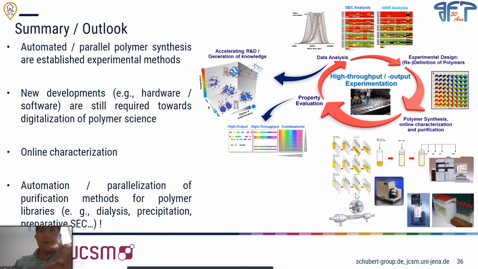So let's say the bottlenecks are still the real-time data of the experiments and the purification of the library. But I mean, researchers are moving in that direction. So the final goal of this field is, of course, to digitalize all the synthesis of polymers and generate samples or libraries that can be easily measured or applied.